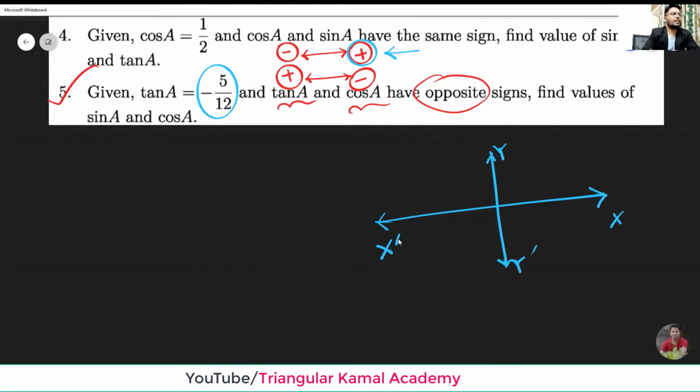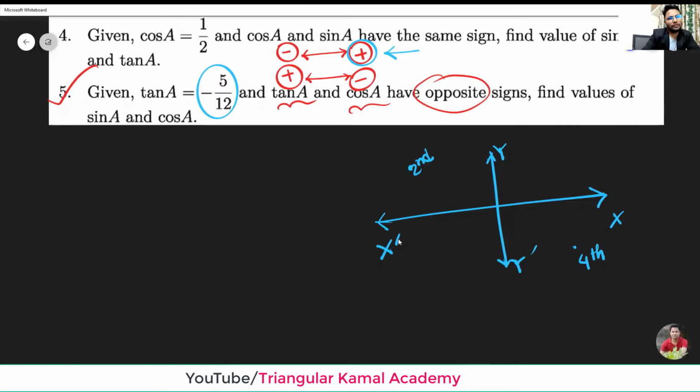Tan is negative in this quadrant, in the second quadrant, and in the fourth quadrant also tan is negative. Now in the second quadrant, cos is also negative because it is adjacent by hypotenuse. So in the second quadrant both cos and tan have the same sign, negative, but according to the question requirement, their signs should be opposite to each other.